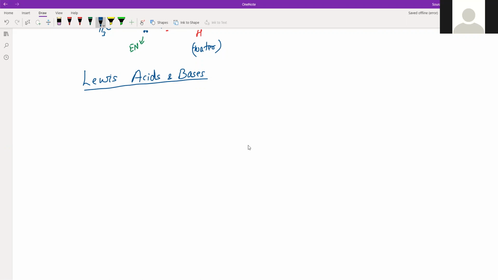Now, what are acids and bases here? You can see above, acids gave H plus, that is a proton. So acids suffered loss of positive charge. It gave a proton, so it lost positive charge.